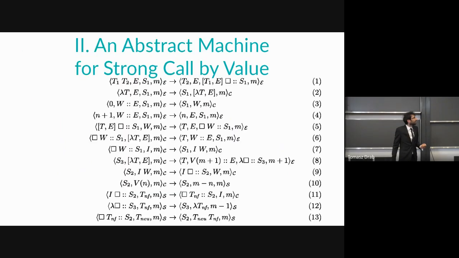OK, so this is the abstract machine that is the main result of the second technical chapter. It is the first in the literature abstract machine for strong call by value. And as you can see, it is a bit more complex than the abstract machine for arithmetic expressions.